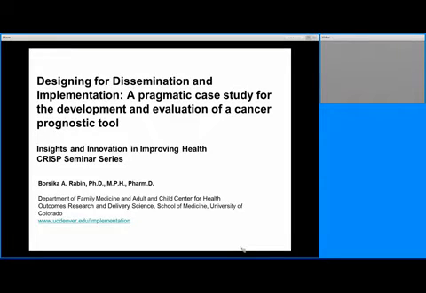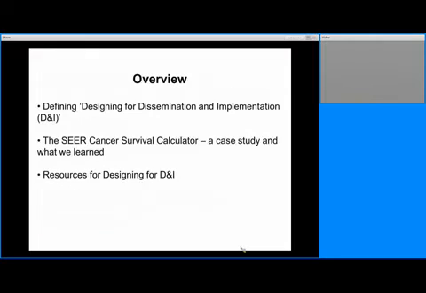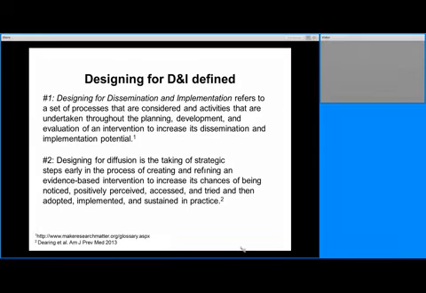Well, what I would like to do today is provide you some definitions and just some basic concepts that you might want to consider in your own work when you are designing for dissemination and implementation. And then, as Elaine mentioned, share with you a series of mini studies that I was able to be part of, lead some of them, which was the testing of a cancer prognostic tool developed by the National Cancer Institute.